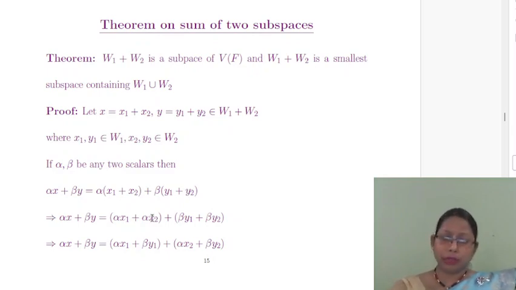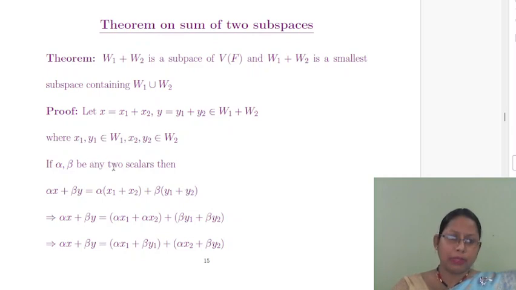I will get alpha x1 plus alpha x2 plus beta y1 plus beta y2 on the right-hand side, and the left-hand side remains as it is. Then on the right-hand side, I will do the arrangement. I am writing alpha x1 with beta y1. Then in the second term, I am writing alpha x2 with beta y2.